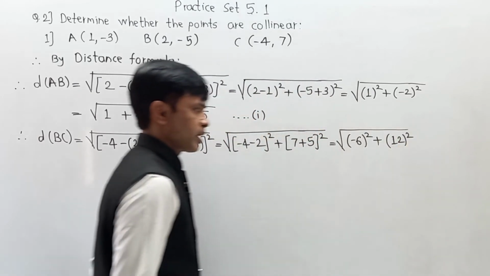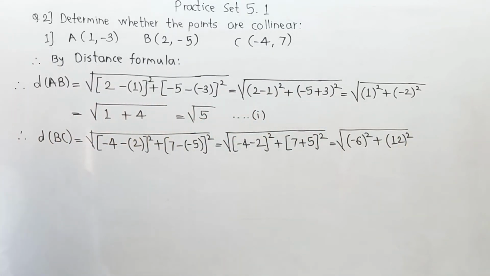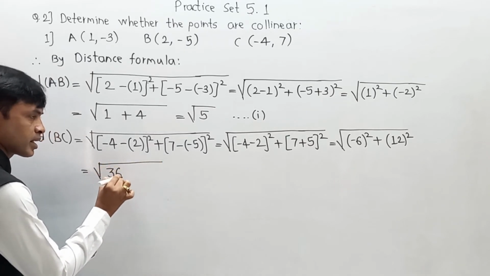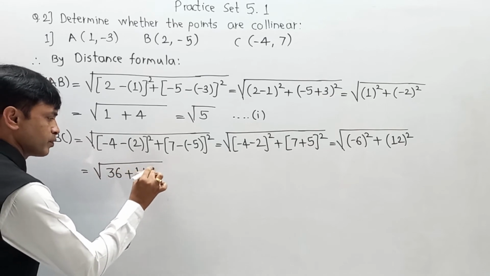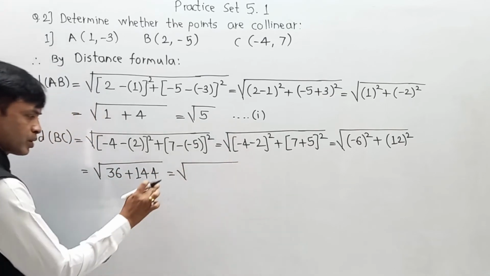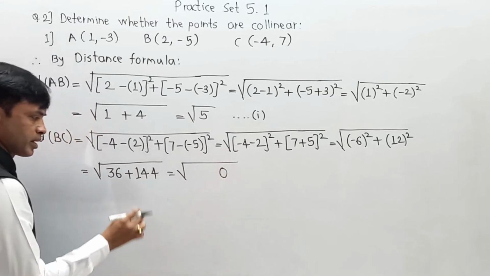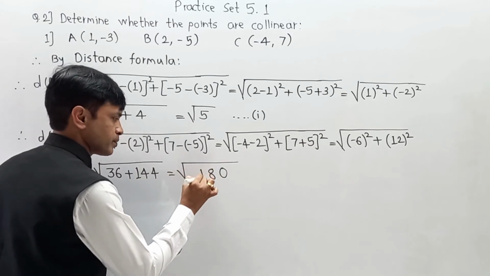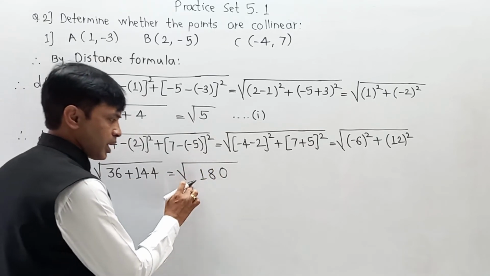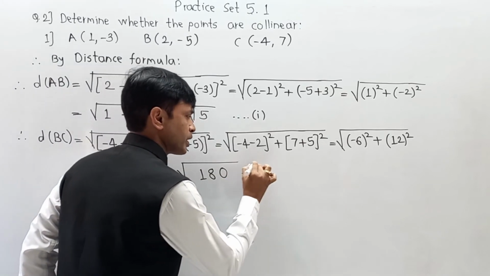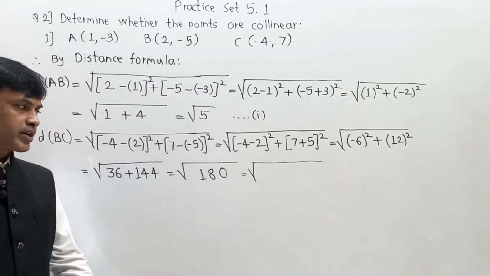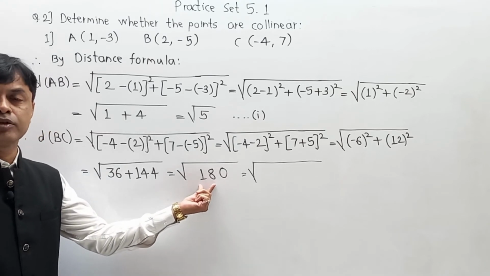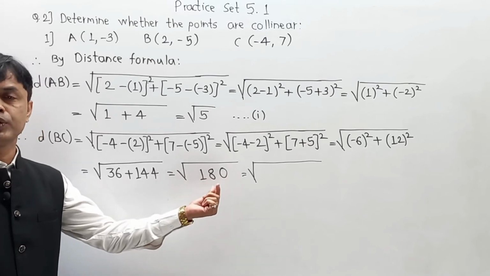Now the simplification of this part: (-6) squared is nothing but plus 36, and 12 squared is nothing but 144. Now the addition of these two: 4 plus 6 is 10, carry 1, 4 plus 3 is 7, plus 1 is 8, and the 1 as usual. Now here, under root of 180, we have to simplify for the next part of the calculation. 180 means 18 into 10, and 18 is nothing but 3 into 3 into 2, and 10 is nothing but 2 into 5.